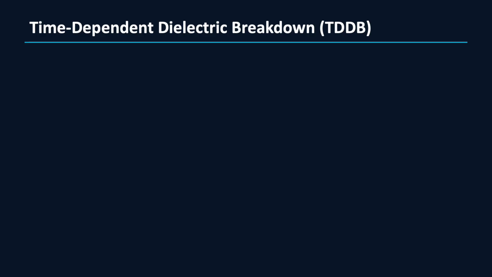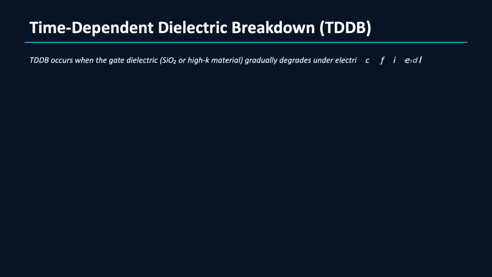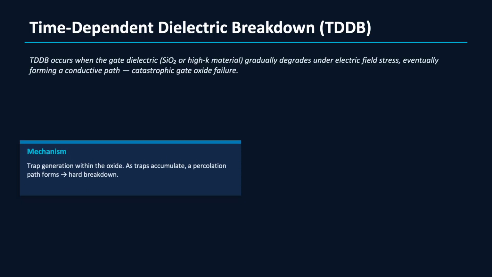Next, let's talk about TDDB, that is time-dependent dielectric breakdown. TDDB occurs when the gate dielectric, that is the oxide or the high-K material, gradually degrades under electrical field, eventually forming a conducting path, thus leading to catastrophic gate oxide failure.